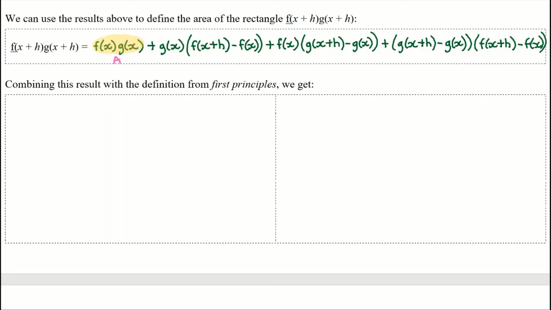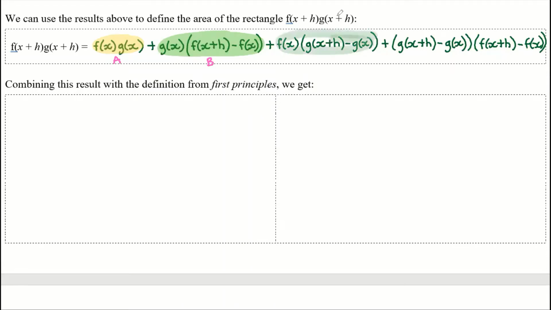Next up, we've got the area of B, which is this expression here, or this product. Okay, so that corresponds to the area of B. So I've done them in alphabetical order. Okay, so that's that one. And then we've got C and D. So just check your answers, make sure you agree with this before we move on to the next step.